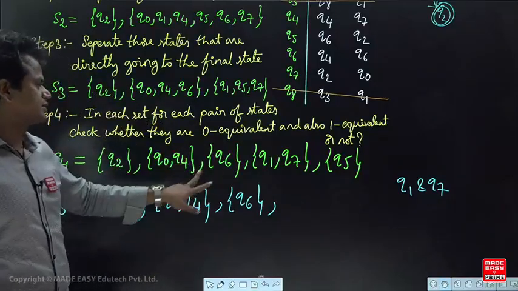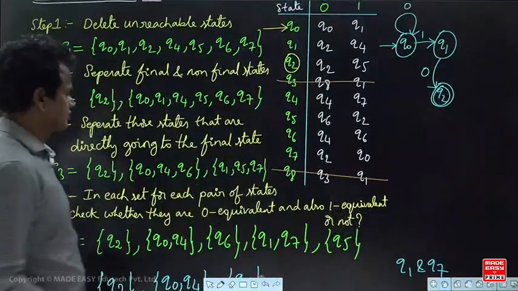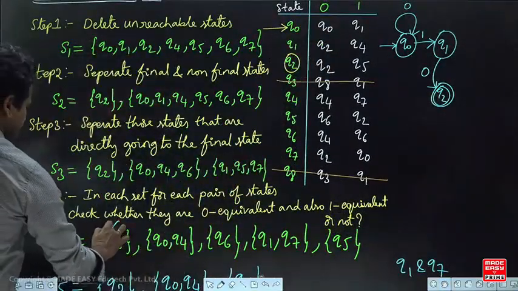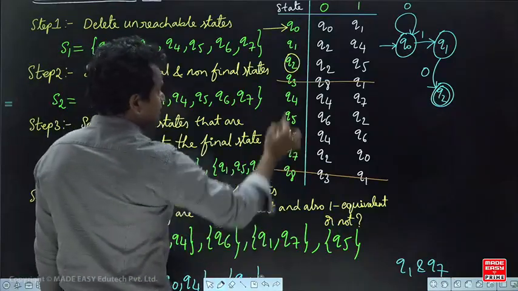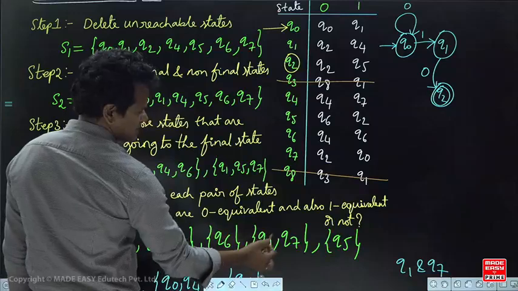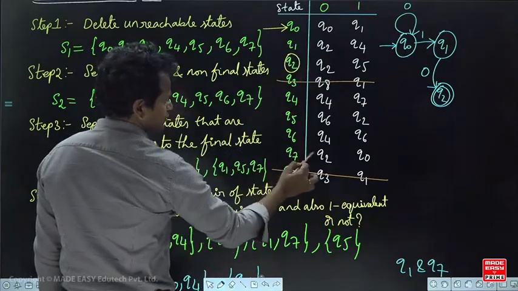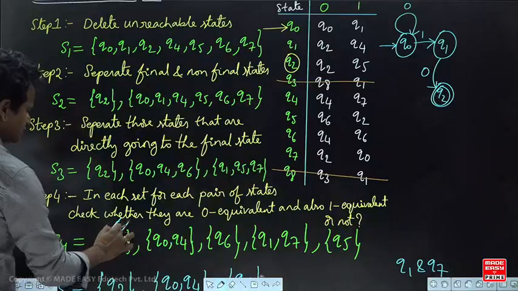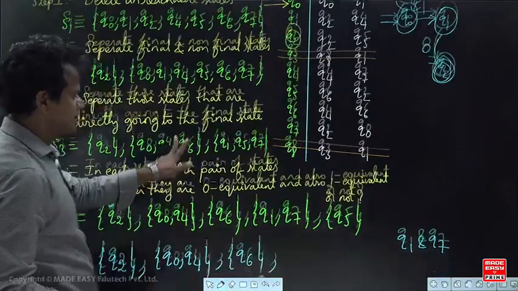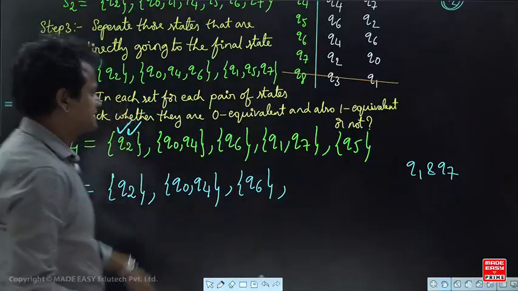Q1 on 0 gives Q2, Q7 on 0 gives Q2, both in the same set.